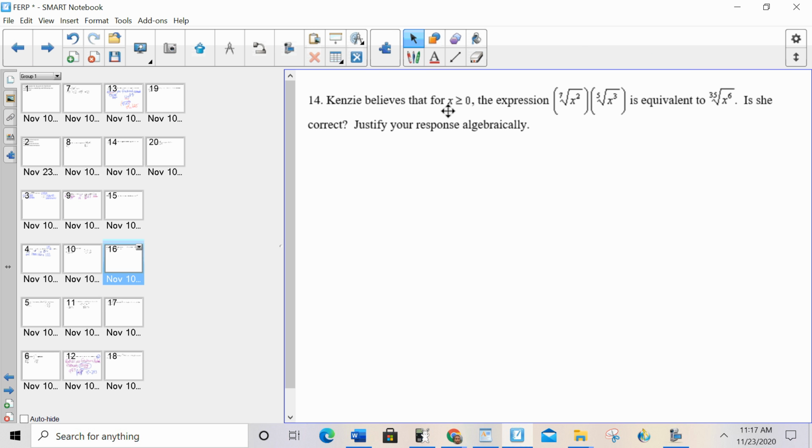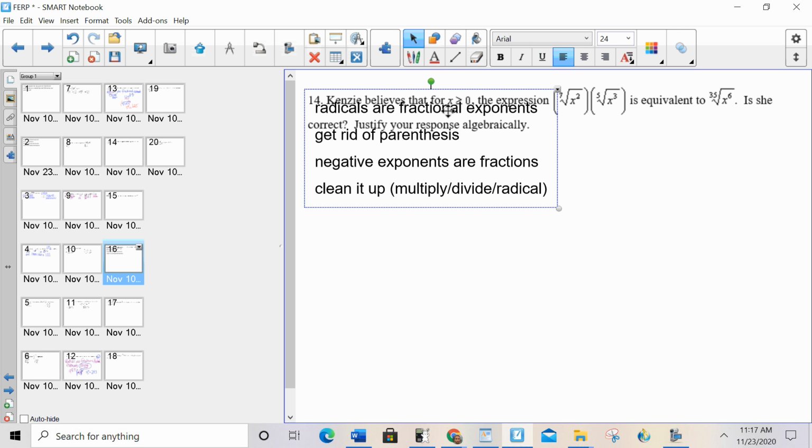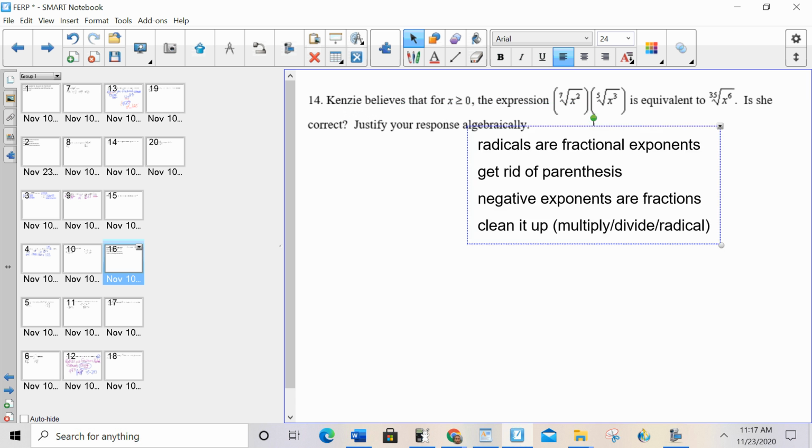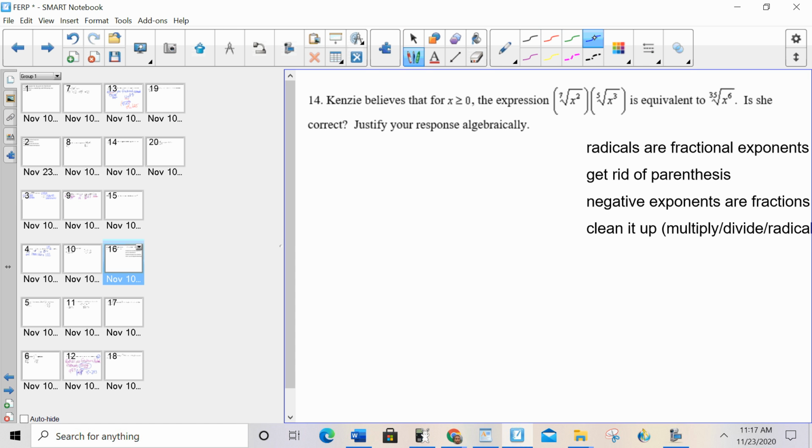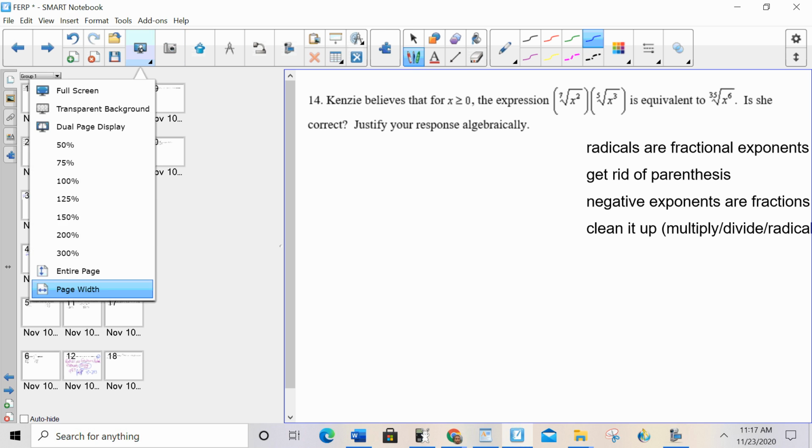These are like the real problems. Not that the other ones weren't real problems, but these are the ones where we're really following a procedure. Kenzie believes the expression blah, blah, blah is equivalent to that. Is she correct? Well, let's find out. Let's take each side and let's simplify it. My first step, radicals are fractional exponents.